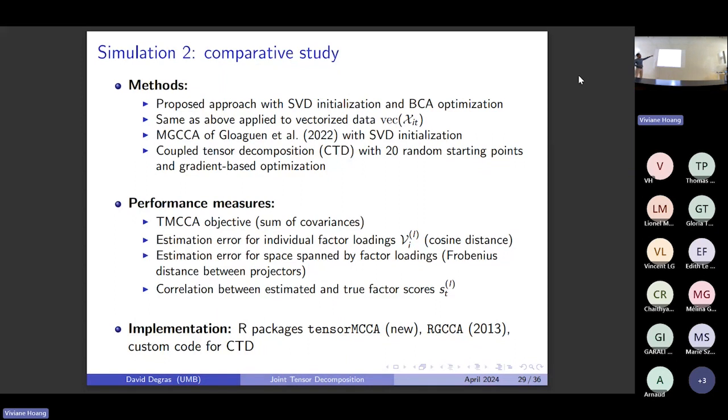The MGCCA approach of Girka and colleagues with an SVD initialization, and then the coupled tensor decomposition, the coupled CPD that I presented at the beginning. So the performance measures are, first, well, how do you do on the task that you set yourself to do? So maximizing the sum of covariances in this case.